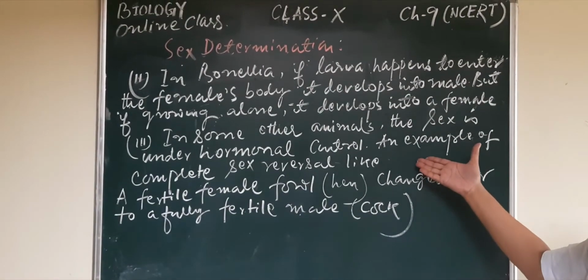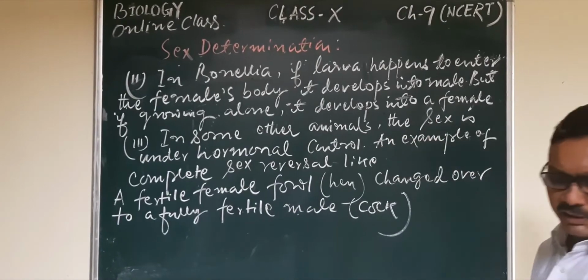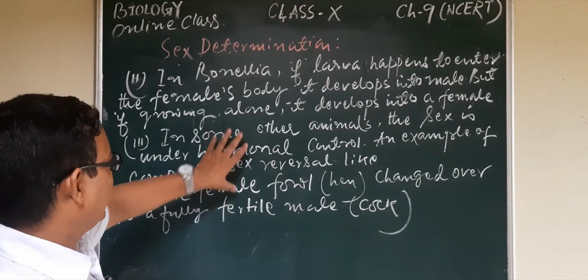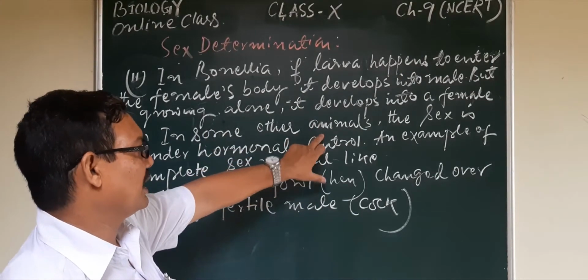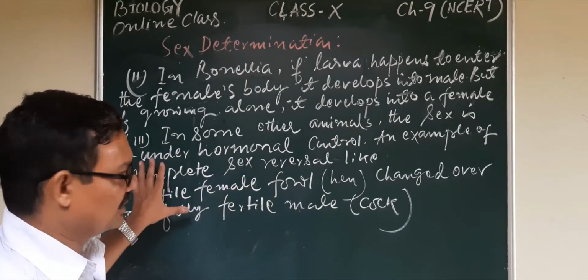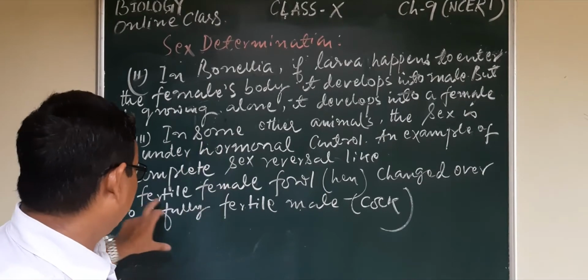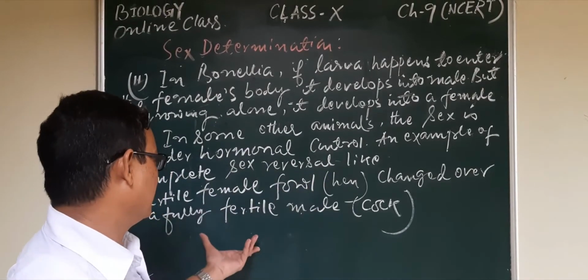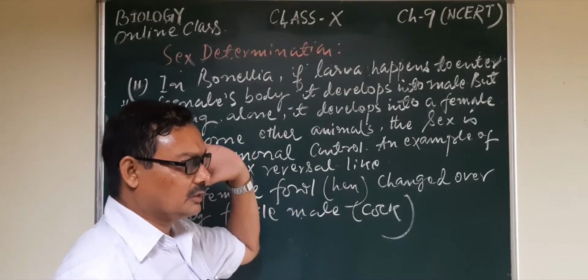Another strategy taken by animals is hormonal control. Due to hormonal control, sex determination takes place, like in the case of the foal hen that changes into a fertile male cock. So this is the way.